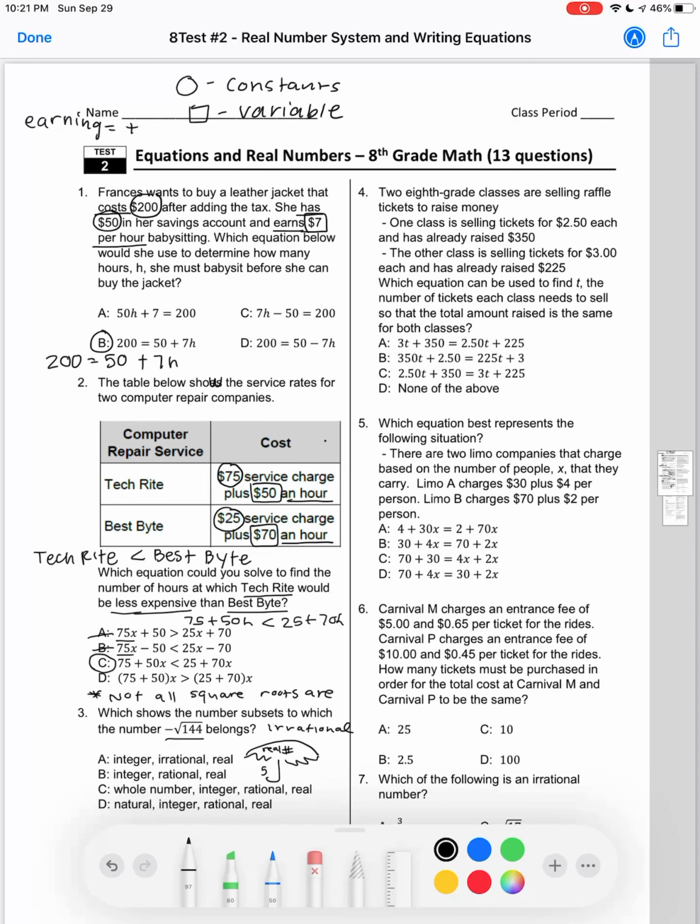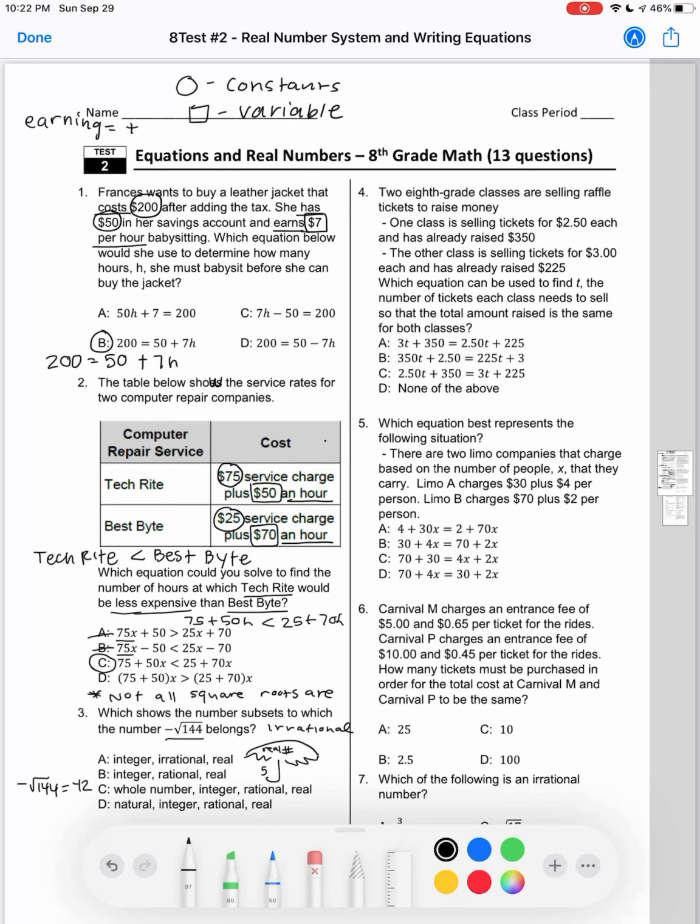So negative square root of 144, that equals negative 12.